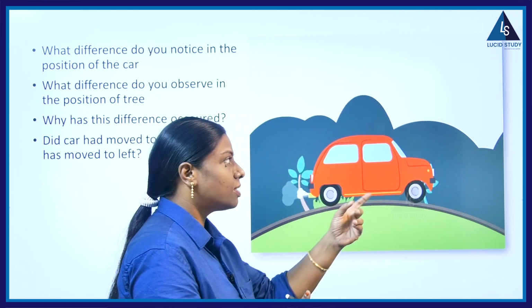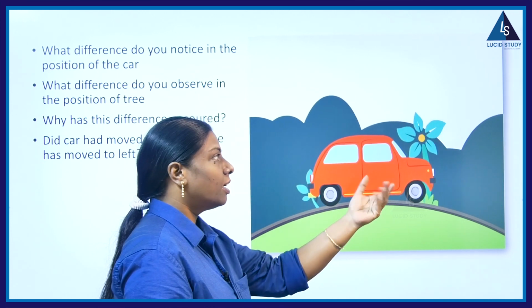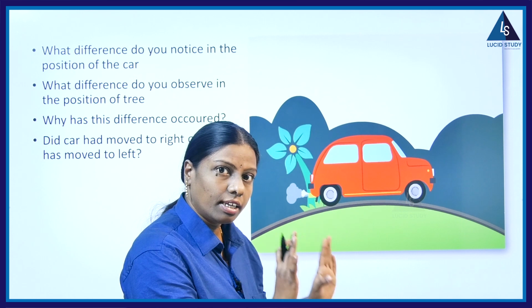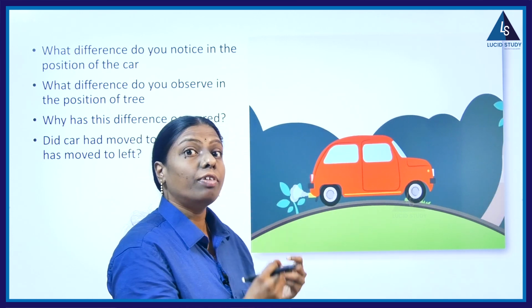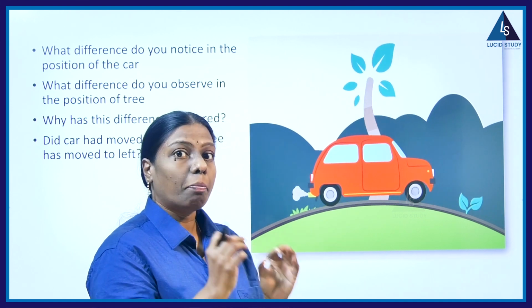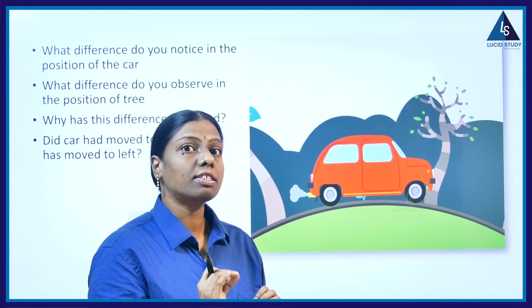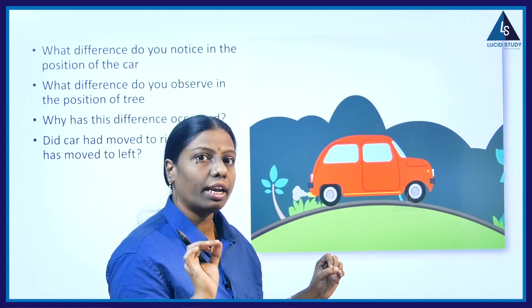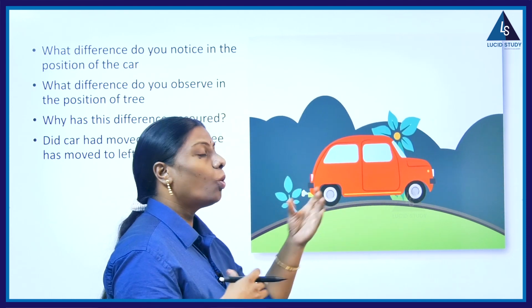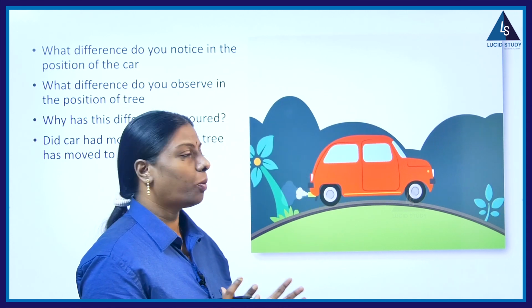So let us discuss in detail. When you are sitting in the car, the trees are moving backwards with respect to the point of reference. Where is the point of reference or point of observation? That is very important here, children. Who is observing is very important.